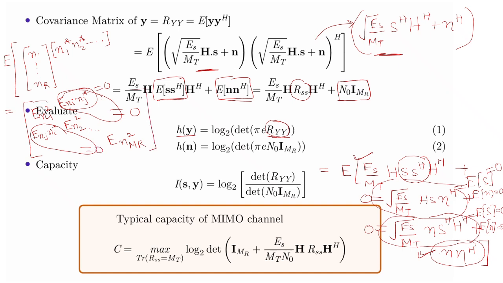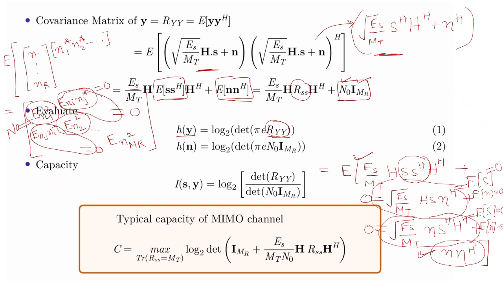And the diagonal elements, noise for N1 and noise for N2, both are the same, equal to N naught. So we take N naught outside and this will become the identity matrix. That's why we have written N naught multiplied with I_MR.